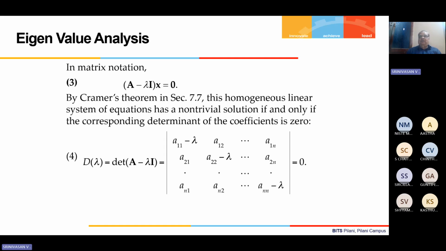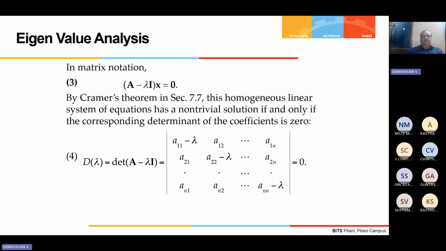Therefore, the determinant of the coefficients of the components of the vector x, with these as the first column, second column, etc., nth column respectively, is equal to 0. This we denote by the symbol capital D of lambda, the determinant involving lambda.